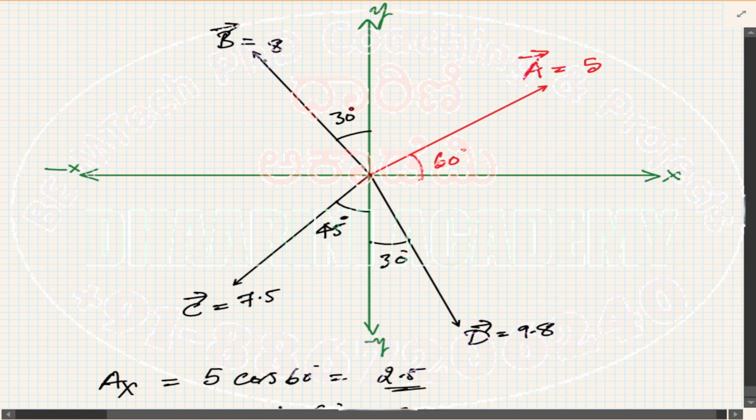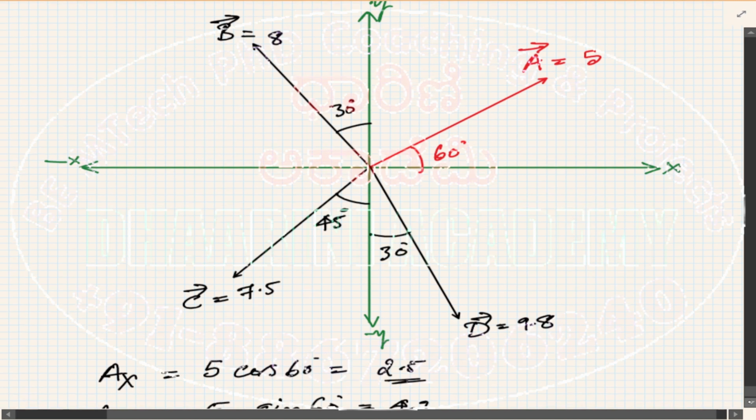Now let's go to b. First, let's normally find the x and y components. What is the equation for bx? Just look at the angle 30 degrees and whether it is given with respect to the x or y axis. Y axis.